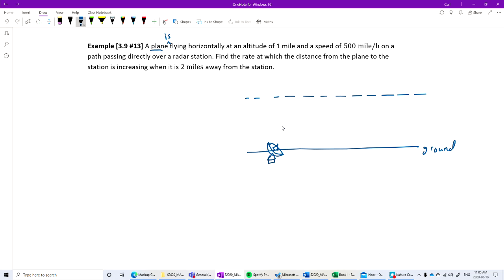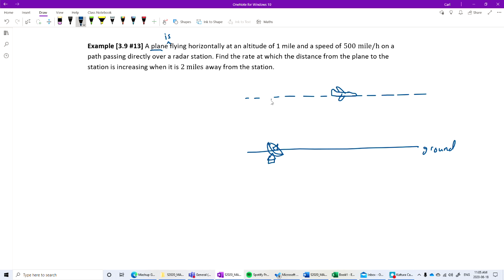There's a radar station, I guess, something that tells the plane how far away it is from that point. Okay, so then the plane, let's say, now I have to try to draw a plane. If you're something of an artist, then maybe you'll like this topic because you can practice your drawing ability. Okay, so there's my airplane flying horizontally.